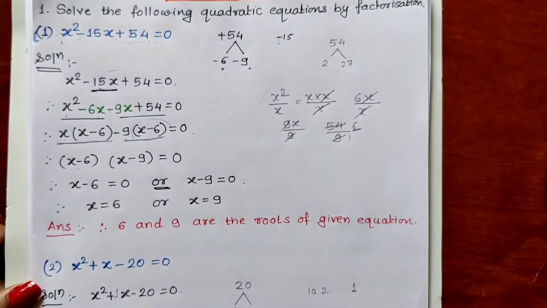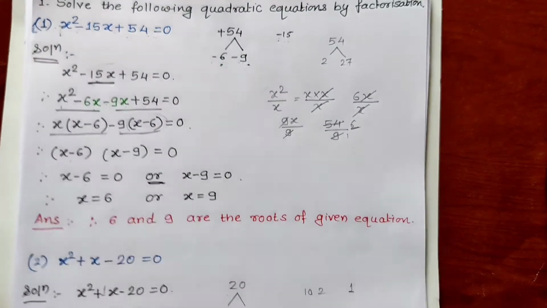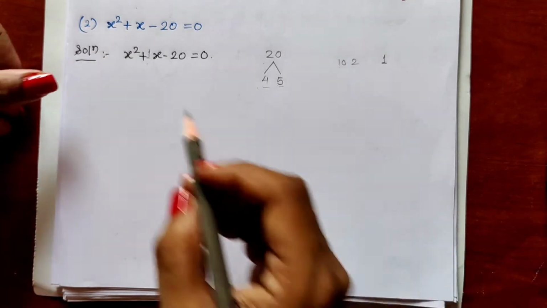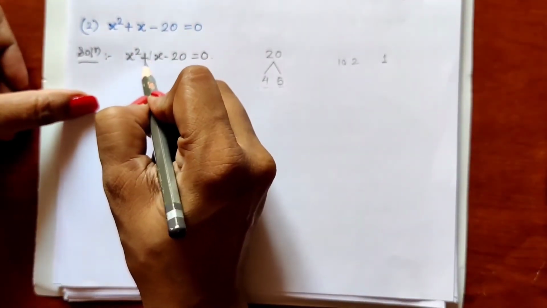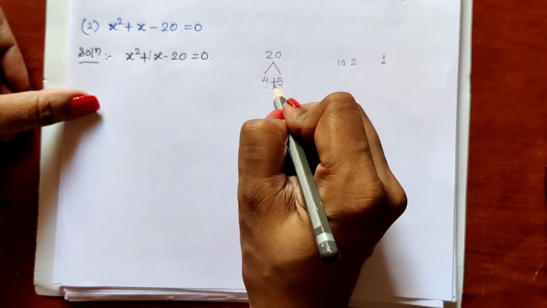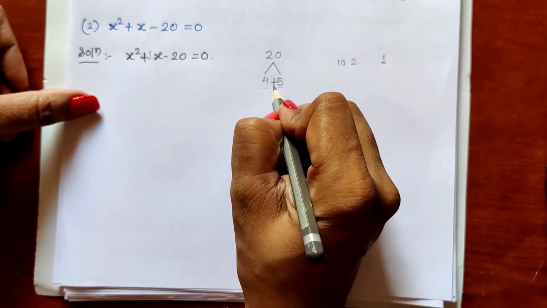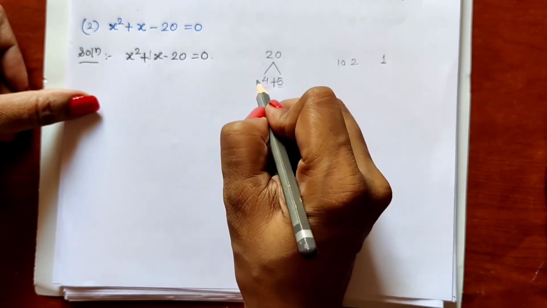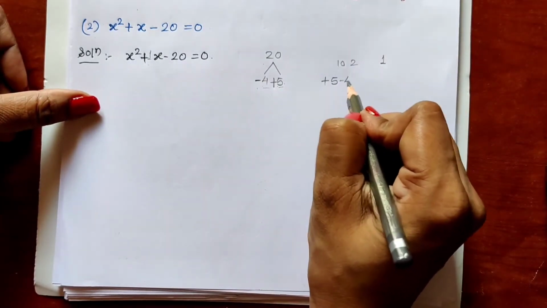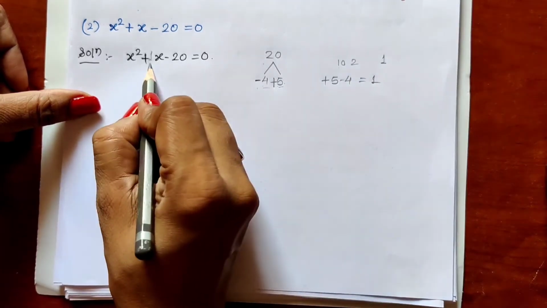But in subtraction, we cannot give the same sign to both the factors. In subtraction, we give the first sign to the bigger factor. As 5, the bigger factor, is getting the plus sign, the smaller factor should get the minus sign. So we can see plus 5 minus 4, answer is plus 1.